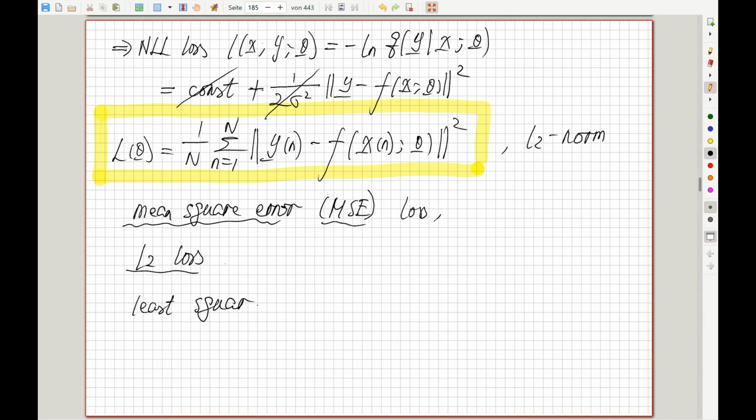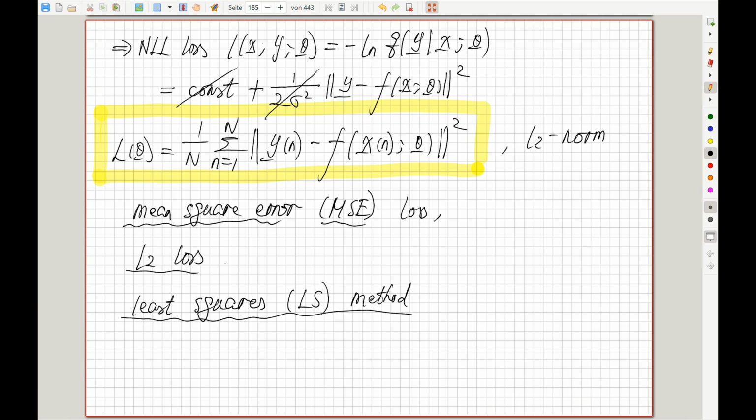The least squares method was invented by the German mathematician Gauss, right? Not for deep learning, but actually for calculating an orbit. You try to minimize the sum of squared differences between the model output and the actual output. That is the so-called least squares method. Many different names for the same criterion.